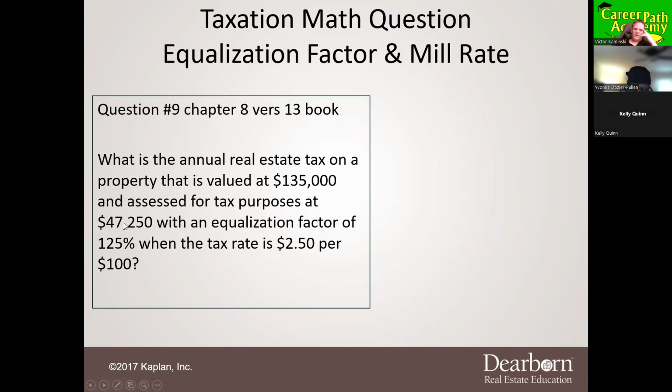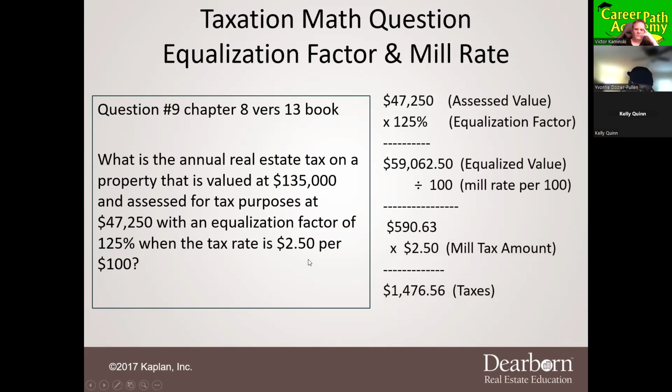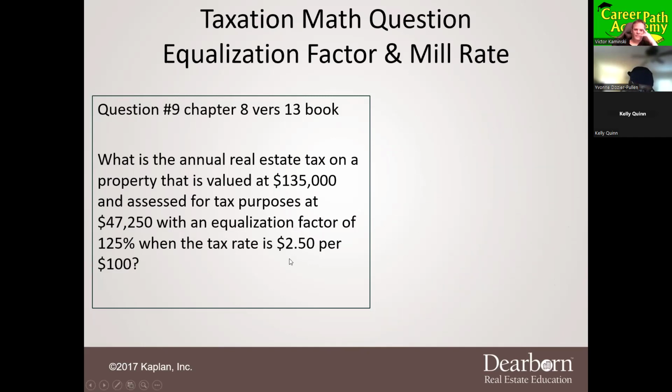So take 47,250 times 125%, and you get $5,312. And if the tax rate is $250 per $100, then you divide that number by 100, and then times it by $2.50.